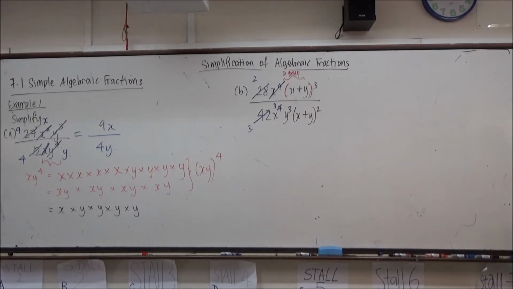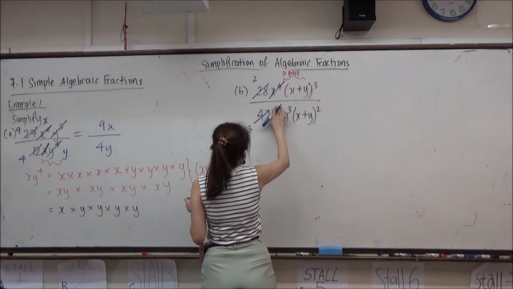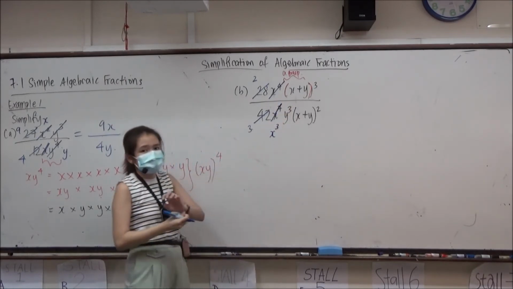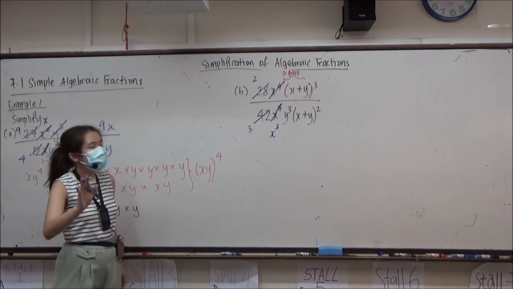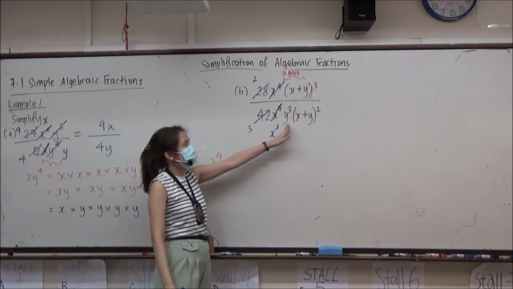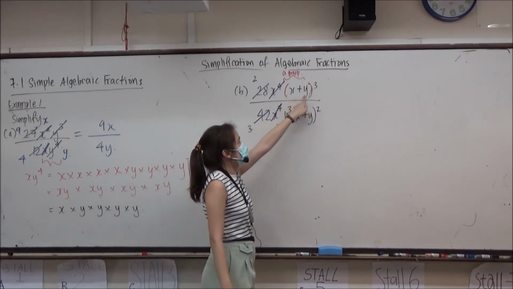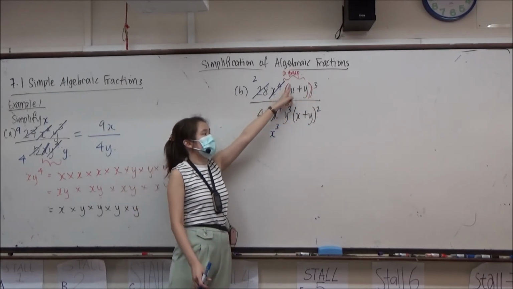Okay? So you notice that you have quite a number of things going on, can be very messy. So you really need to help yourself in this. In cancellation, you can cancel whole thing right clearly outside. Also can. Okay. Are there any y's for me to cancel? No, right? Okay. So the y cube over here at the bottom remains there. Right? Then after that, the x plus y to the power of 3 and x plus y squared. Okay, we emphasize that it is a group.